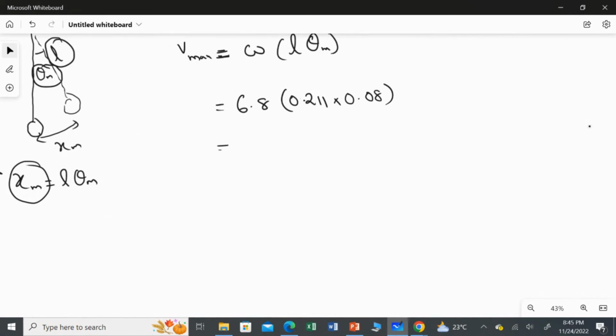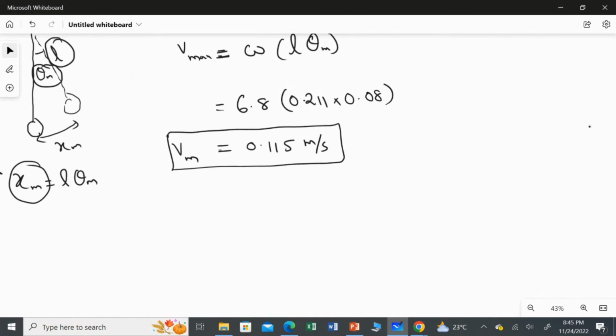So I'm going to multiply everything: 6.8 multiplied by 0.211 multiplied by 0.08. I got the answer as 0.115, and its unit is meter per second because it is our maximum speed, right?